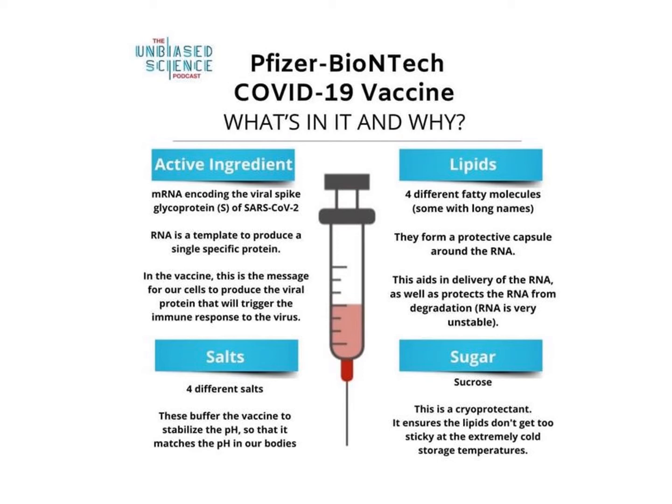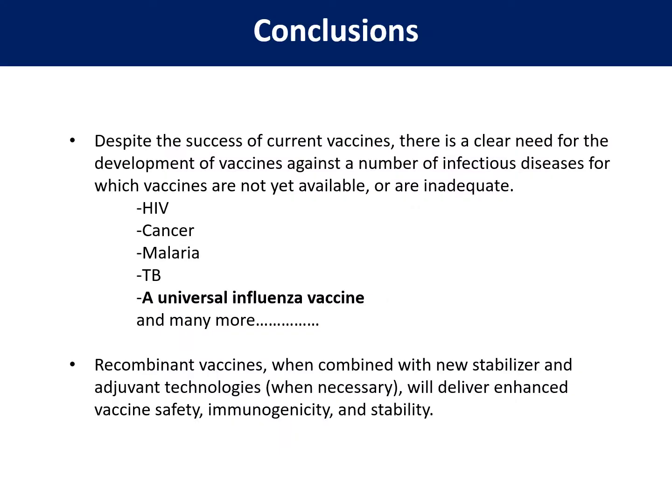Alright, so basically, despite the success of current vaccines, there is a clear need for the development of vaccines against a number of infectious diseases for which vaccines are not yet available or are not sufficient. For example, HIV, malaria, TB, and also a universal influenza vaccine.